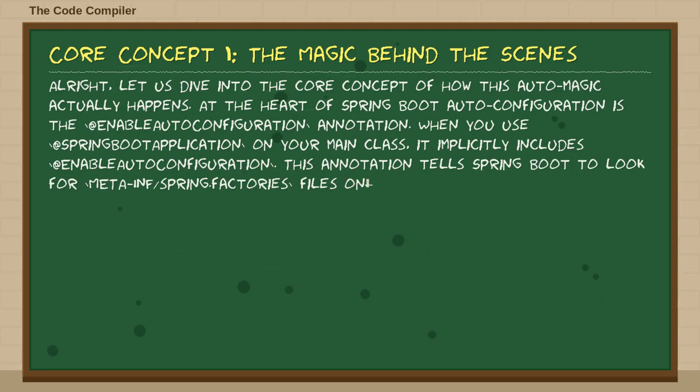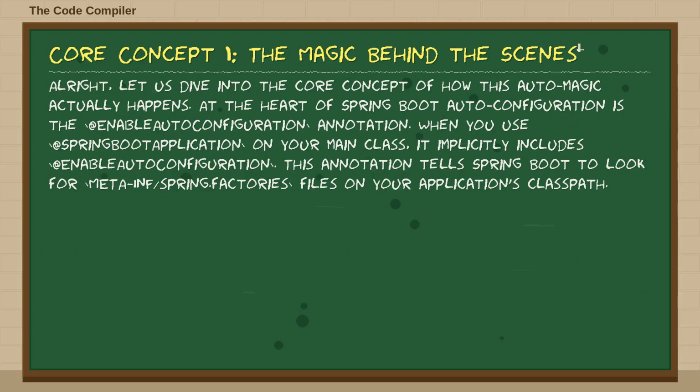This annotation tells Spring Boot to look for META-INF/spring.factories files on your application's classpath. Inside these files, Spring Boot finds a list of auto configuration classes. Think of spring.factories as a directory that lists all the potential configurations.